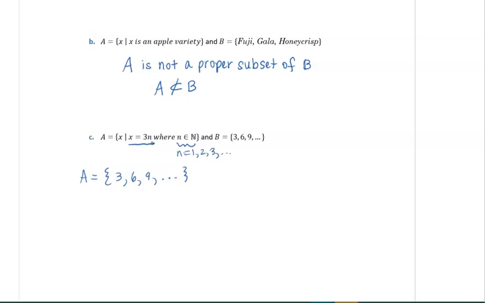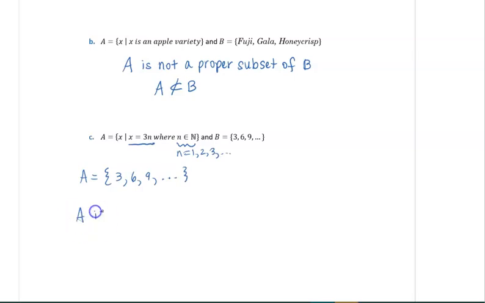So it is true that A is a subset of B, because every element of set A is also an element of set B. But A is not a proper subset of set B, because with a proper subset situation, every element of the first set is also an element of the second set, and the sets are not equal. And in this case, the sets are equal.